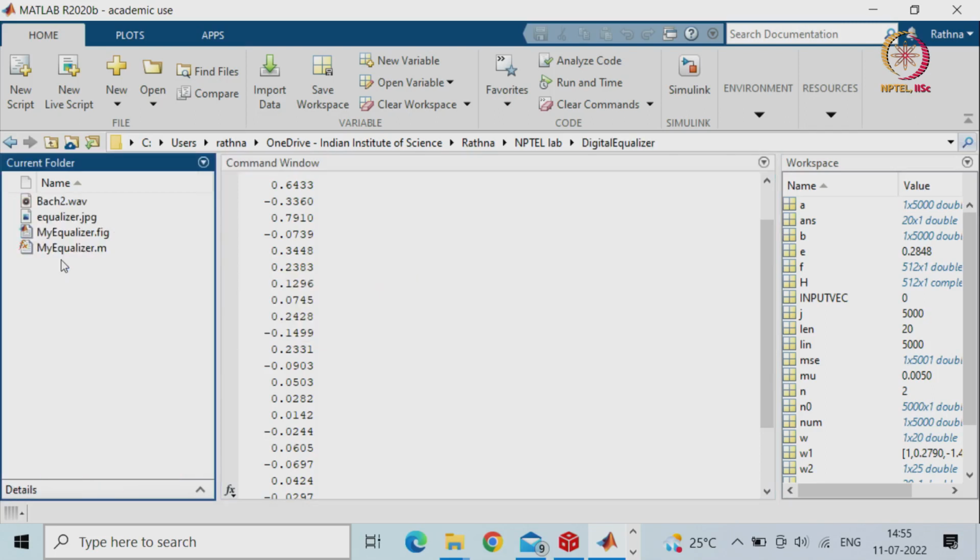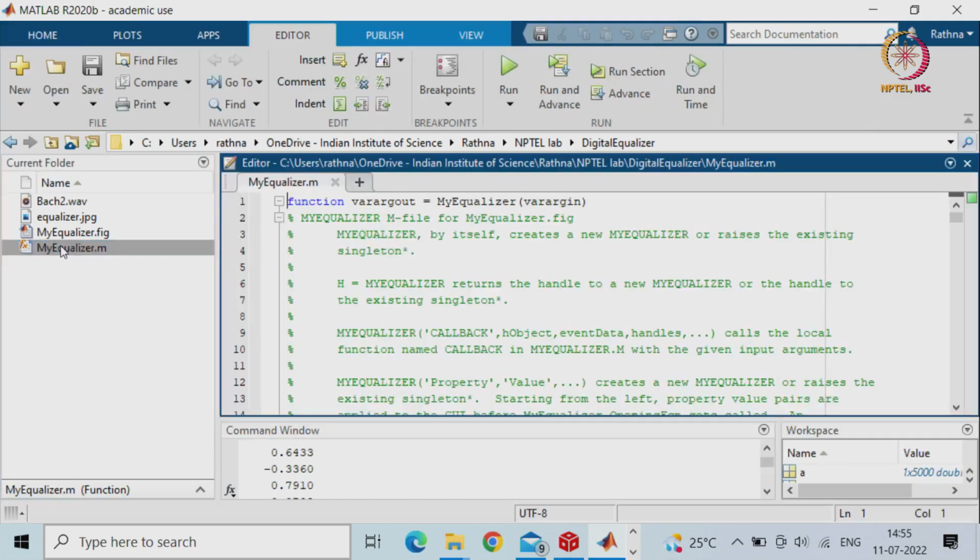which we discussed in the theory. One of the equalizers developed by our own student we saw in the last class; now we will see how MATLAB has designed an equalizer. This is myequalizer.m, which anybody can download from the MATLAB website.